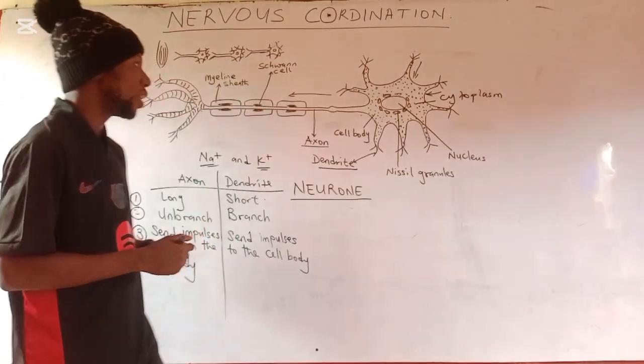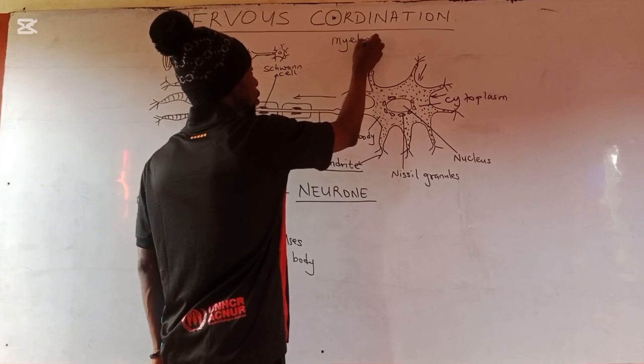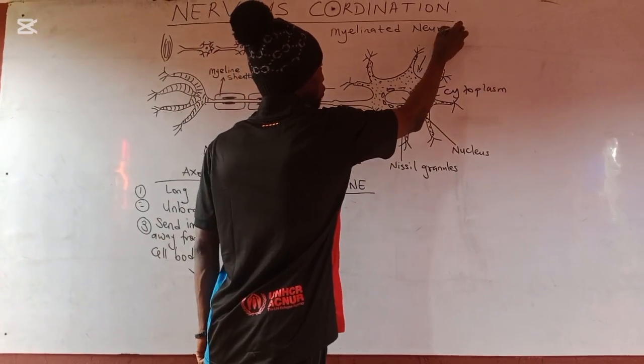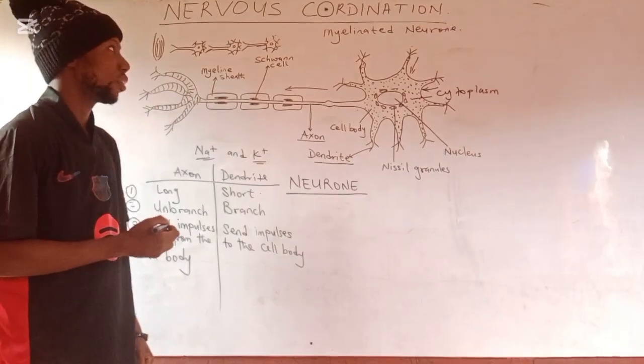Neuron with myelin sheath are known as myelinated neuron.